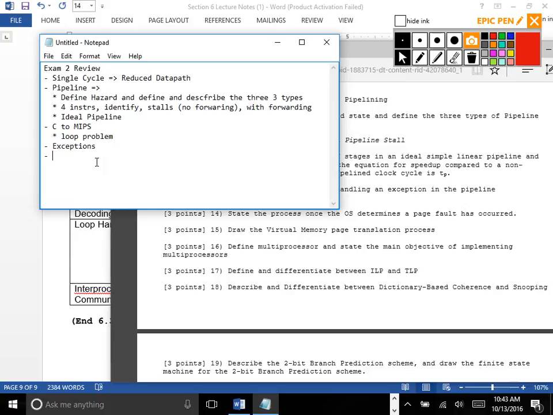I would probably say, remember I told you to differentiate between TLP and ILP. I'd also ask you to draw the 2-bit branch prediction scheme and show the actual, just like the example problem.